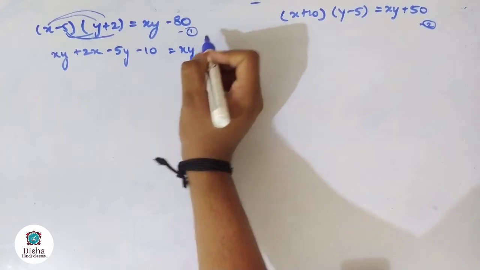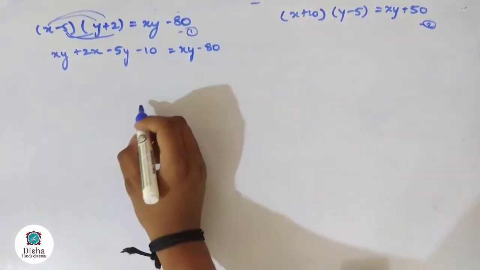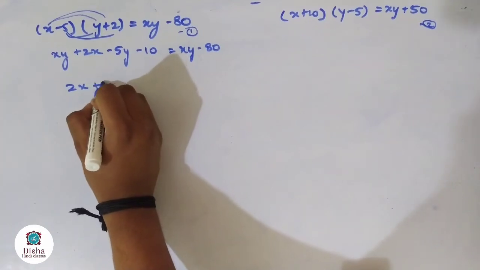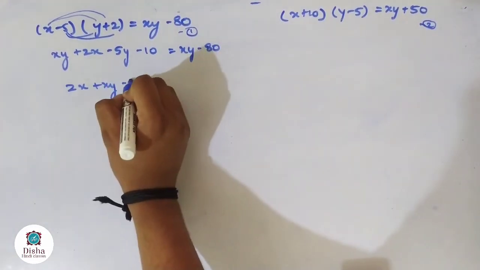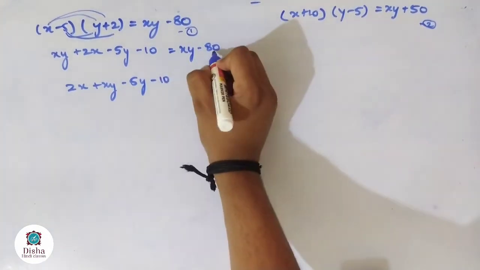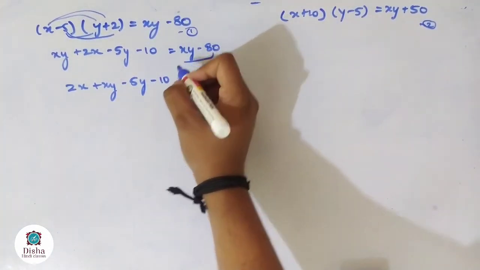Here we'll have it as it is, xy minus 80. So now 2x plus xy minus 5y minus 10. Now if we bring this minus 80 to LHS, it will be plus 80.